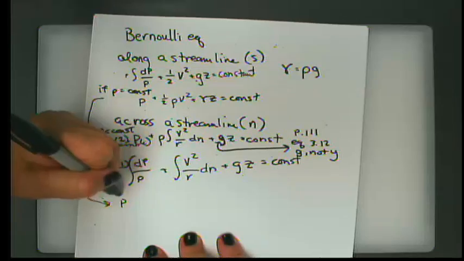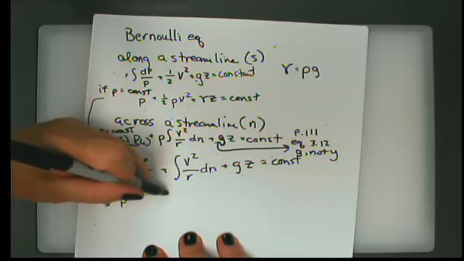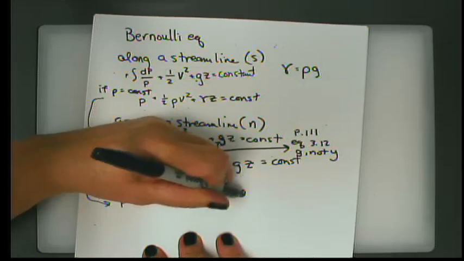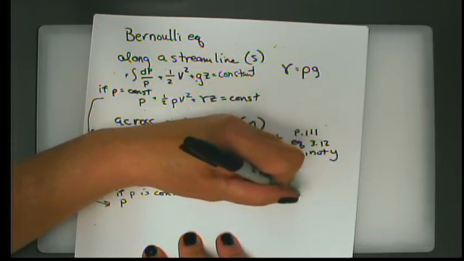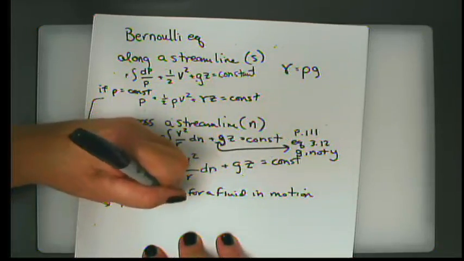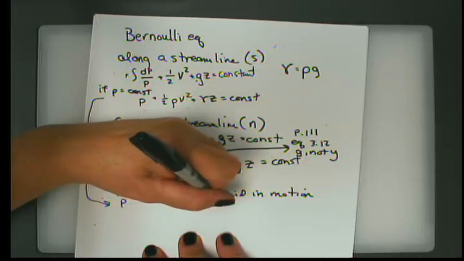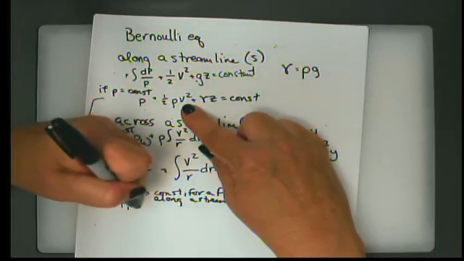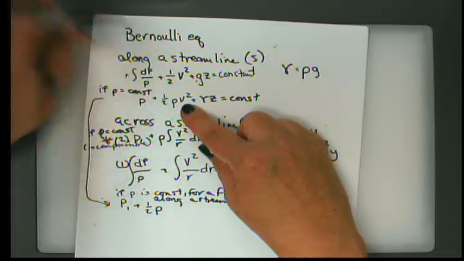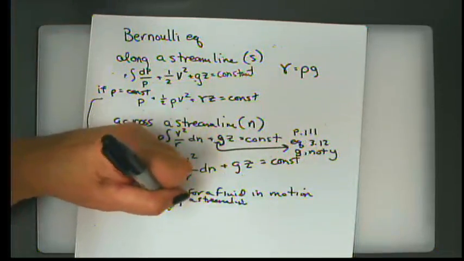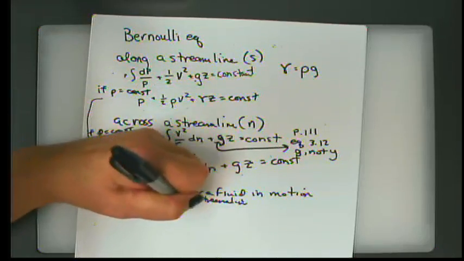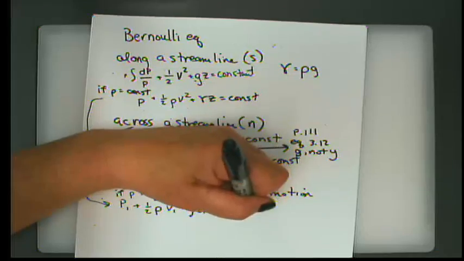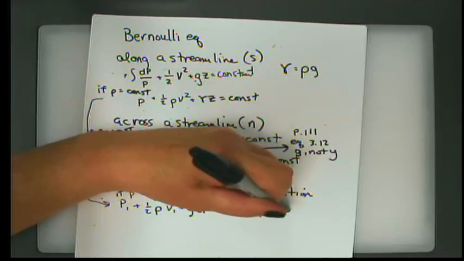So we could say if rho is constant for a fluid in motion along a streamline, we could say P1 plus 1/2 rho, which we have to have be constant, V1 squared plus gZ1 equals the pressure at some other point 2 plus 1/2 rho V2 squared plus gZ2.